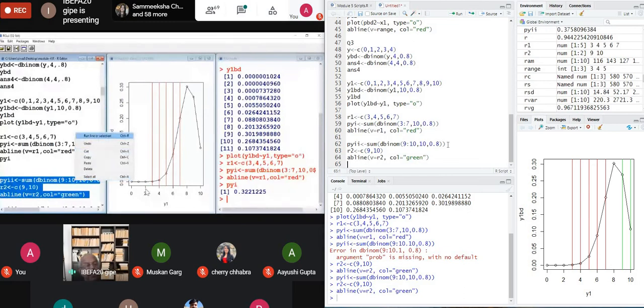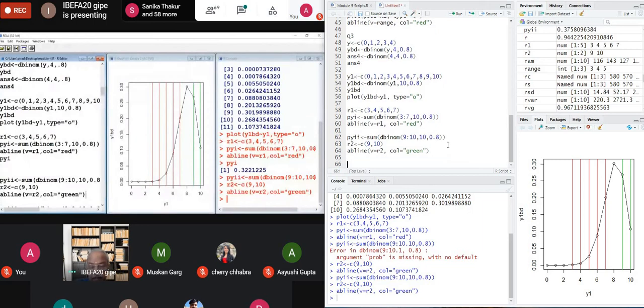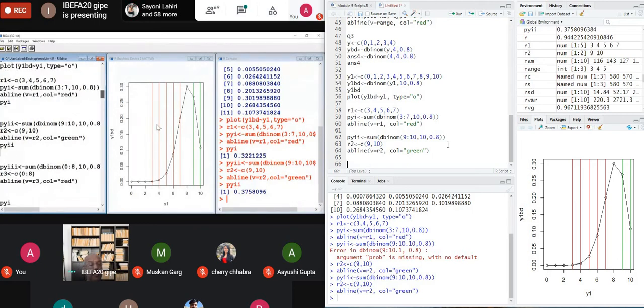This is the probability you have: 0.3758096. 0 to 8, so everything is a repetition now.